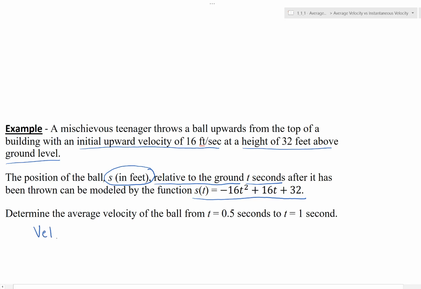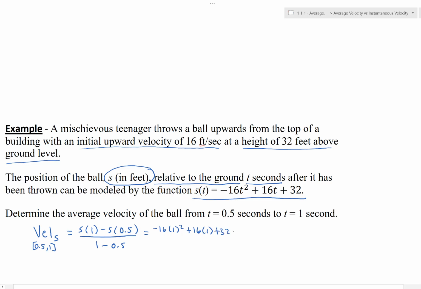The average velocity of this ball over the interval of time, half second to 1 second, is, by definition, s of 1 minus s of 0.5 over 1 minus 0.5. s of 1, plug it in, that's negative 16 times 1 squared plus 16 times 1 plus 32.